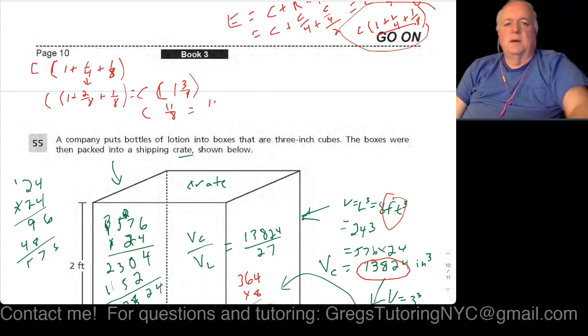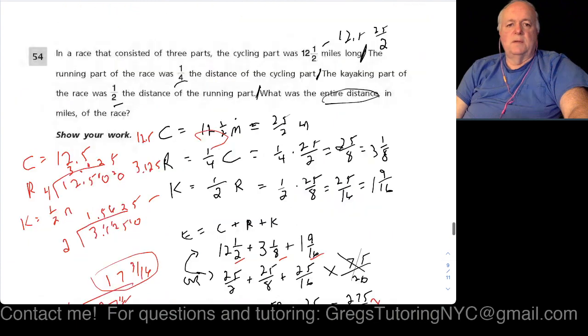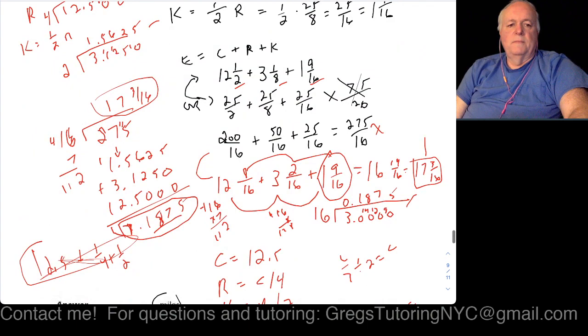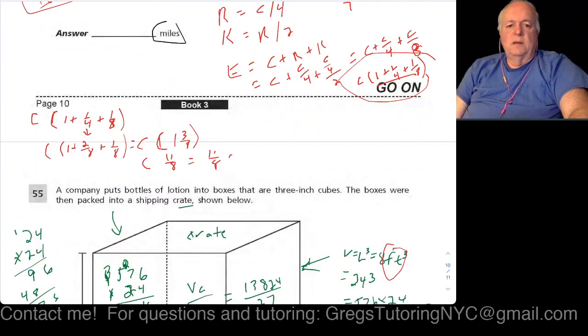And we know from earlier that C was 12.5, that's what they originally gave us, that the cycling was 12.5. We already mapped this into 12.5 and gotten 25 halves, so let's just use that.